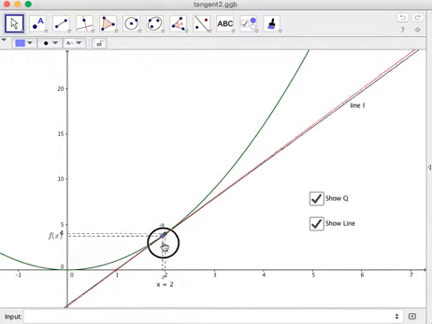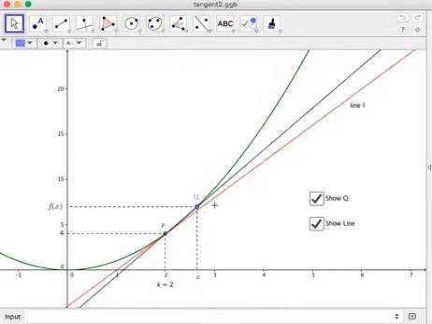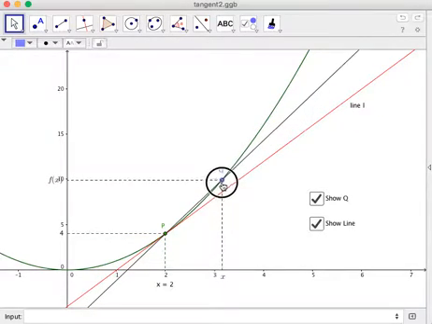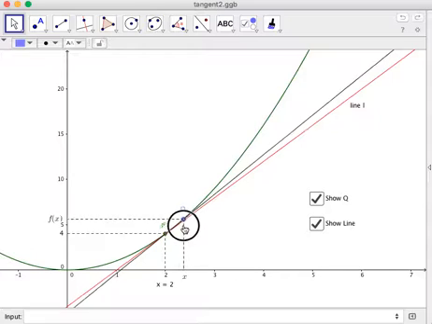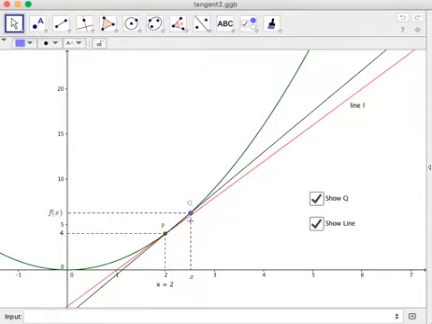Okay, so that's the idea of the tangent line. So the idea is pag palapit ng palapit yung Q sa P, palapit na palapit din yung slope ng line PQ sa slope ng line L. Okay? So, very theoretical yan.